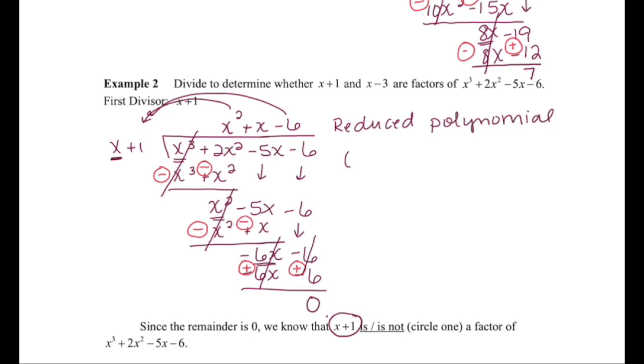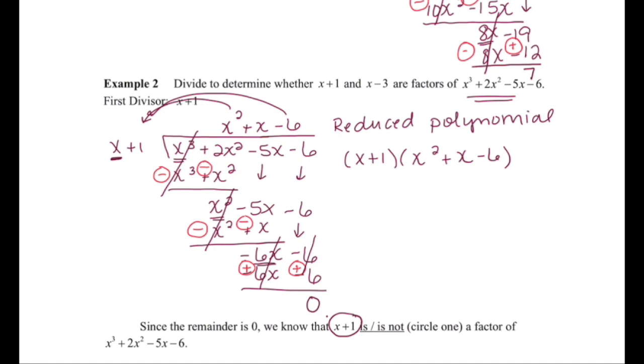So this would be like saying x plus 1 times x squared plus x minus 6. If I were to multiply these together and using distribution, we would get back where we started. So the x squared plus x minus 6 is our reduced polynomial.